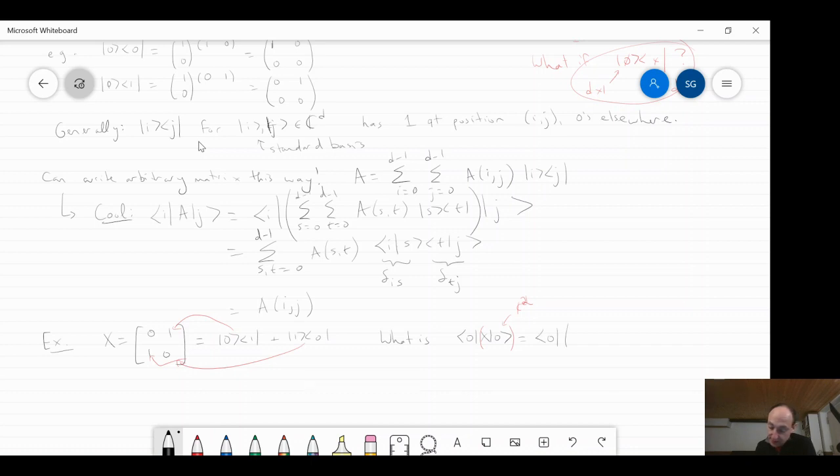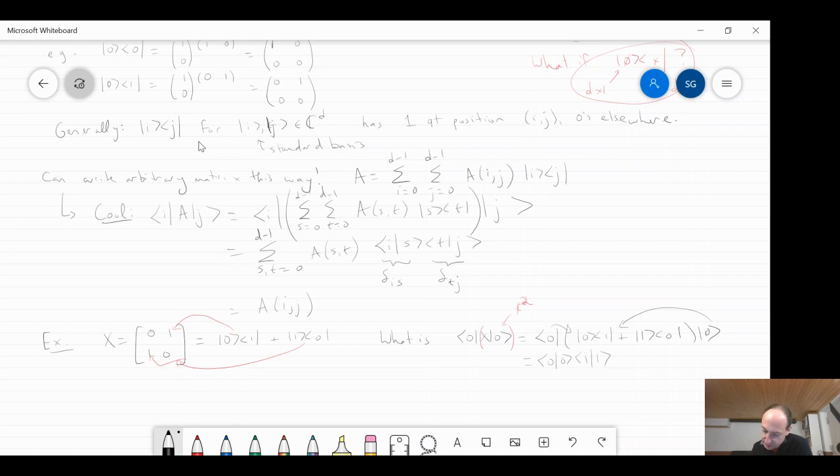Okay, but what I can do now is rewrite X in outer product form. And why is this nice? Because now I can do the same thing as before. So of course we bring this in here and we bring this here. So you get bra 0, ket 0, bra 1, ket 1. Did I do this right?